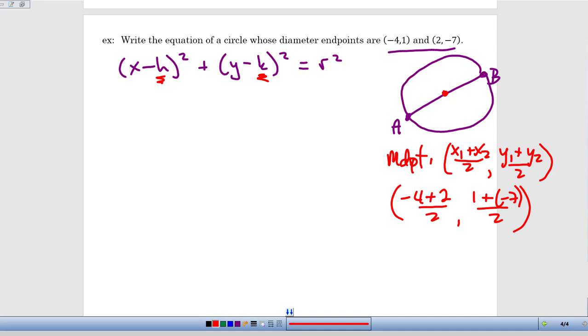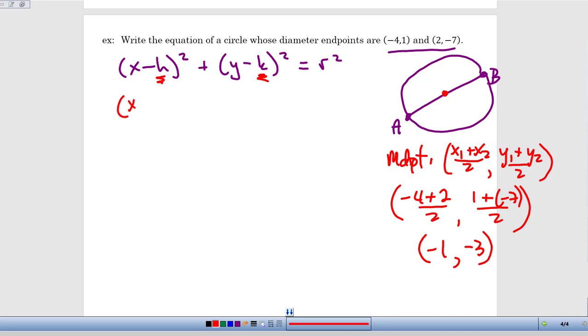And so -4 plus 2 is -2, -2 divided by 2 is -1, and then 1 plus -7 is -6, -6 divided by 2 is -3. So the xy coordinates of the center are -1, -3.